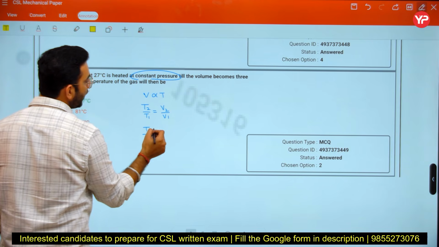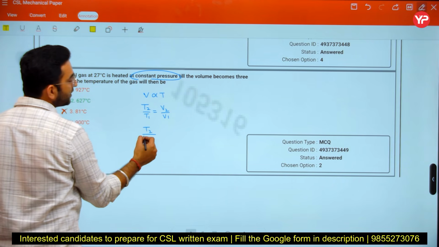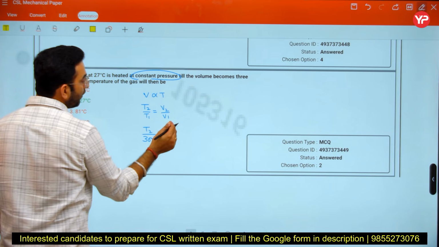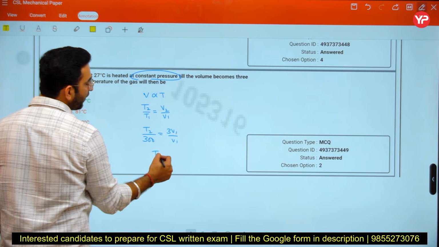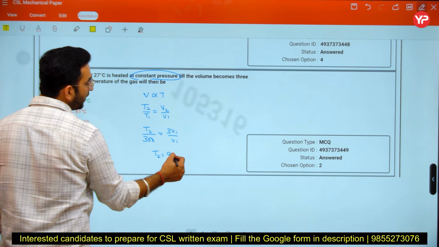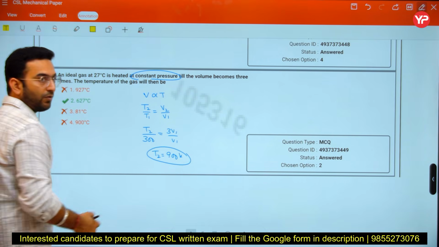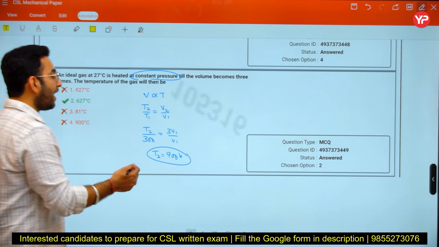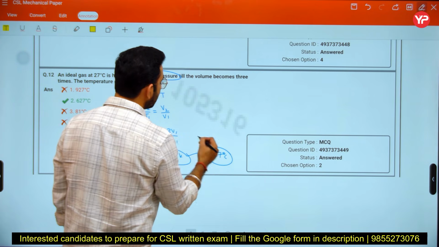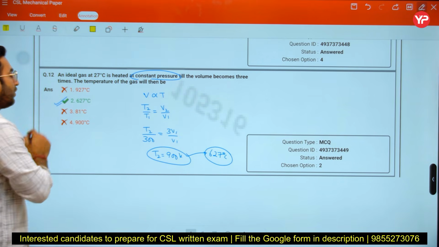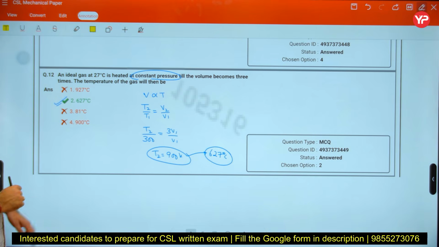Here you can see initial temperature is 300 Kelvin. Final volume is 3 times the initial volume, divided by V1. So if I calculate the value, it is coming out to be 900 Kelvin. 900 Kelvin is equivalent to 627 degrees Celsius here. So option number 2 is the correct answer here.